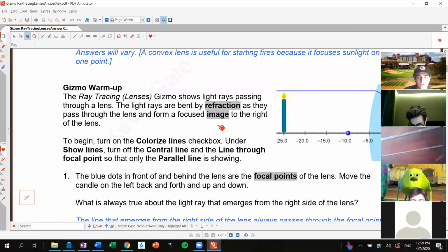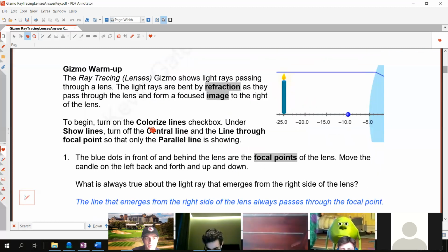All right, so the Gizmo warm-up gave us a chance to get used to the Gizmo simulator, and it asked us to, using the light rays that are going to refract, set up our experiment using the colorized lines checkbox. So underneath show lines, it also asked us to turn off the central line and the line passing through the focal point, so that the only line you could see is the line parallel to the principal axis.